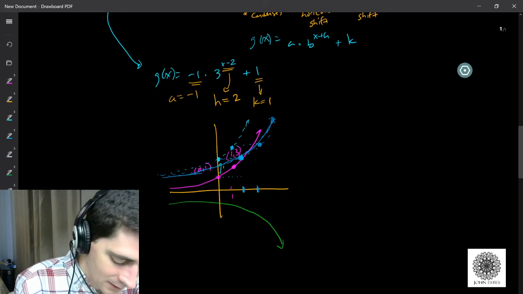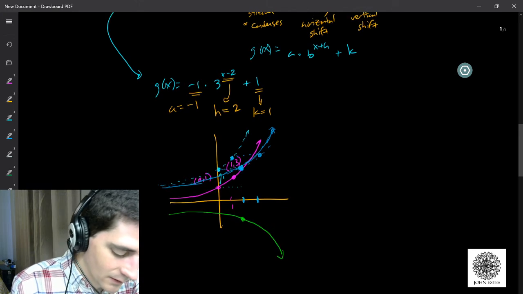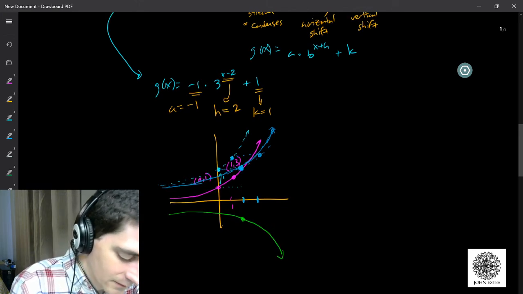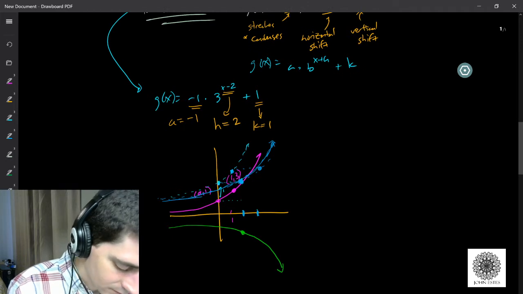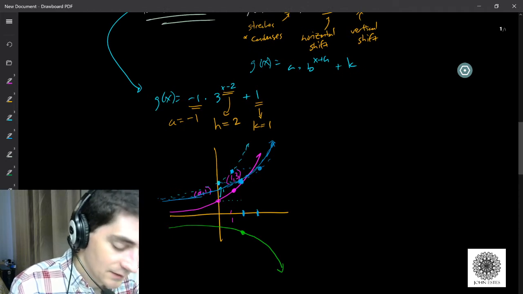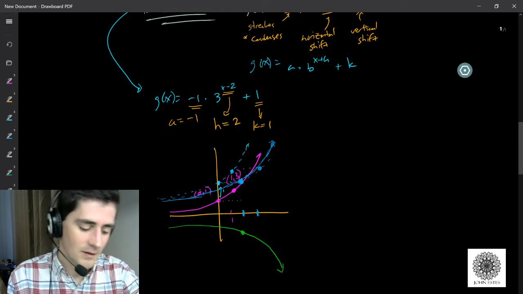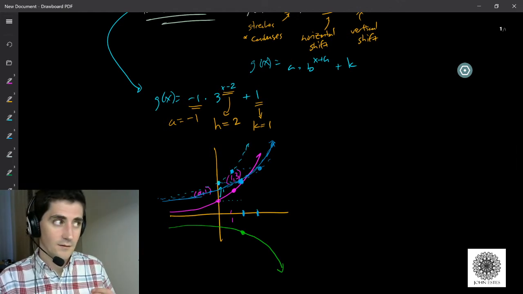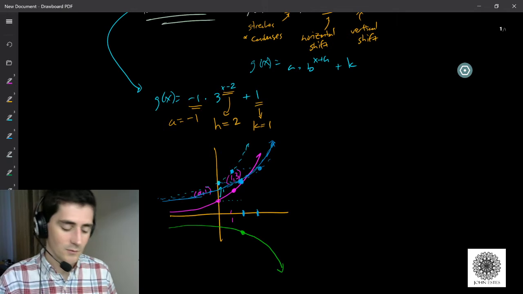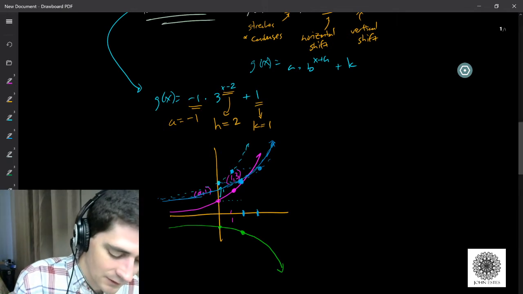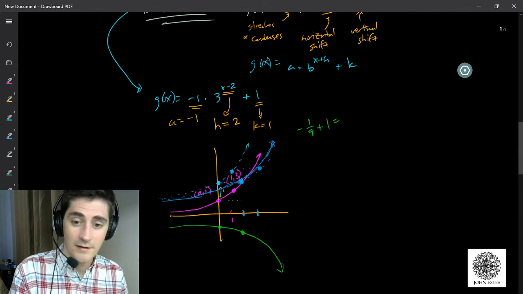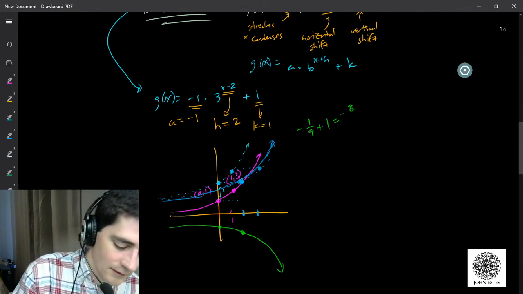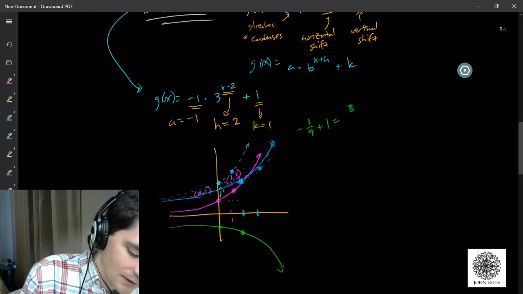All right, so here you can try, for example, if I plugged in 0 for g of x, what do I get? -1 times 3 to the -2 power, which would be -1/9, plus 1. So -1/9 plus 1, which would be 9/9, is positive 8/9.